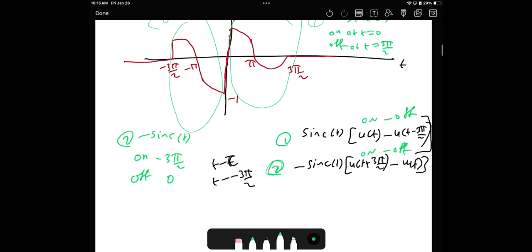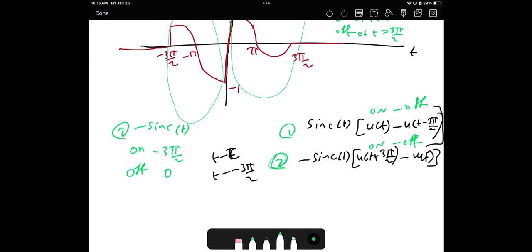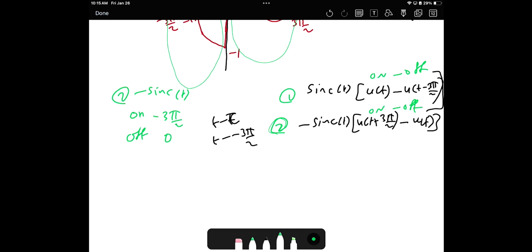Okay, now, how about if I want to represent this with the rate function, other than u of t? Recall the rate function: t minus T1 over T0 minus T3, such that T0 is the on time, T3 is the off time, and T1 is the sync time.